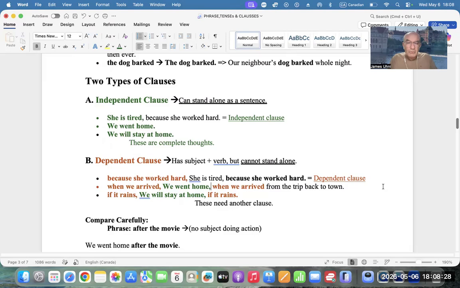So you see, you can play with clauses, creating clauses. You can play with English grammar so beautifully that you don't have to be afraid of any kind of rules or laws, because English grammar is very flexible if you know what is a clause, what is a phrase, what is a noun, pronoun, adjective, adverb, verb, what is tense.